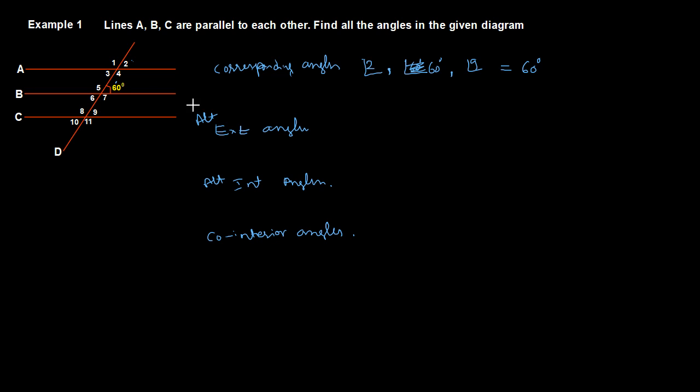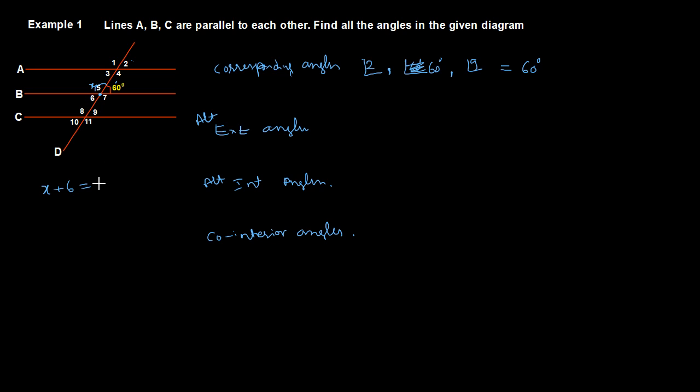Now let's take a simple method. If this is 60 and this is angle 5, what would have happened? If I take this as x, then x plus 60. B is a straight line, so the angle at that particular point is a straight angle, 180 degrees.